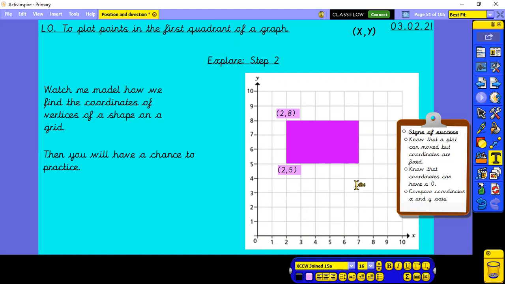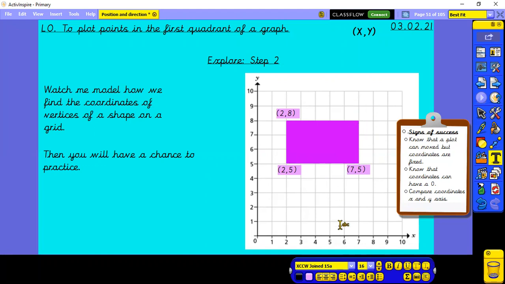I'm going to go up and stop at the 5 because it's in line with the 5. So thinking about our coordinates, my 7 will come first and then my 5. I know that's correct because these 2 vertices have the same y-axis of 5 because they're on the same line on the graph.